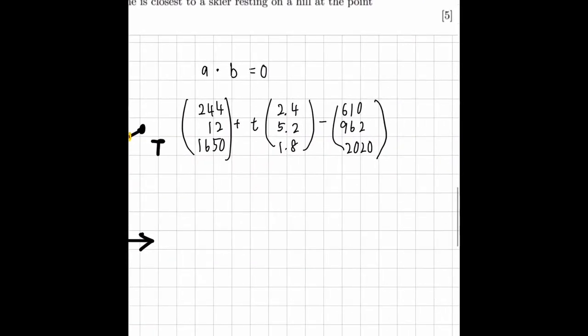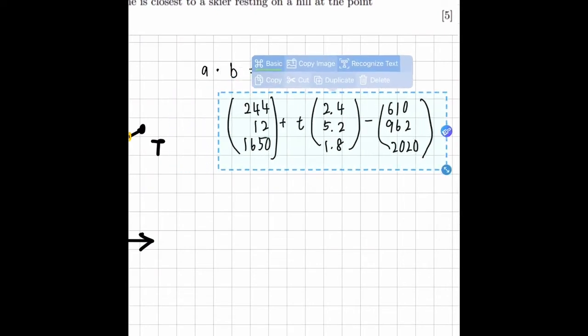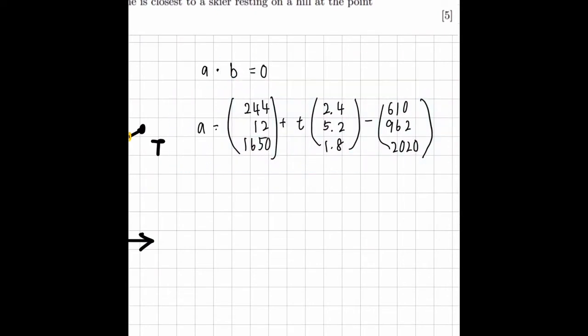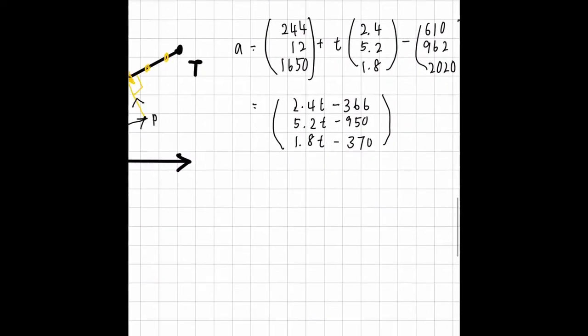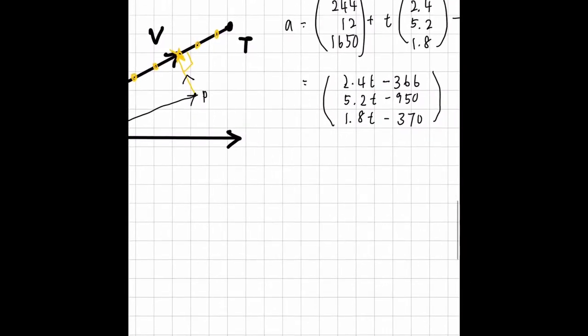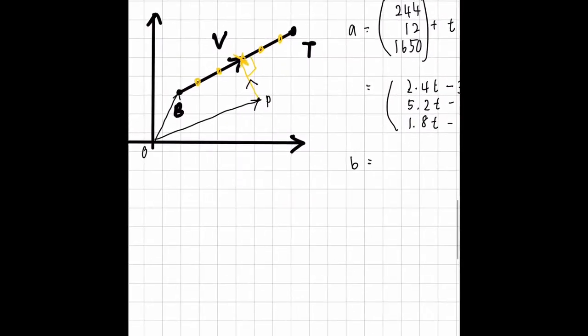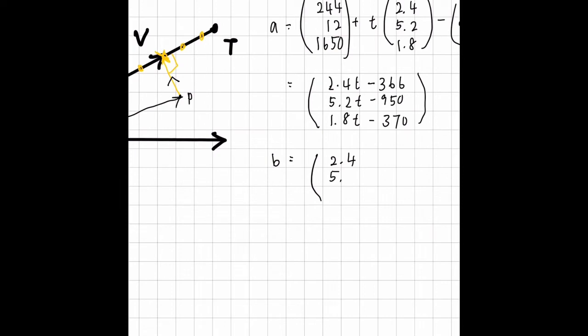This is us finding the vector A first. We're not doing the dot product yet, we're just finding A. So put this all in your GDC, and you will get these values. Now that we're done with A, our B will be the velocity vector of BT, which is 2.4, 5.2, and 1.8.